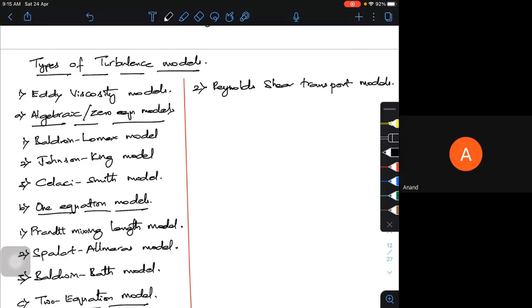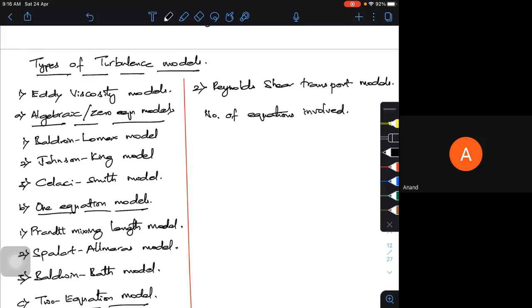Then the Reynolds stress transport model. So here the difficulty in using this Reynolds stress transport model is because of the number of equations involved. If you look at the eddy viscosity models, most of them are either a one equation model, two equation model, or a zero equation model.